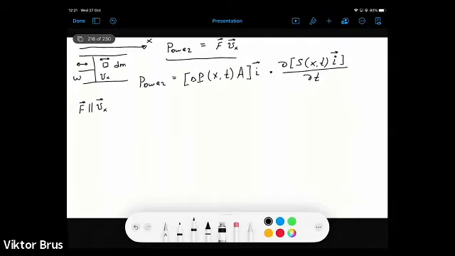In this case, we can skip these unit vectors because if the angle is equal to 0, cosine 0 is unity, so we don't need to deal with them. We will operate only with the amplitude of this scalar product.